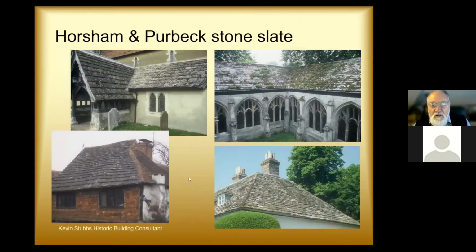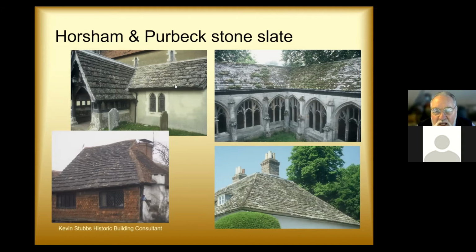Well, other stone material that's used in our area are the more fissile limestones that you get in the Purbeck area, and these are split fairly finely to provide roofing materials.